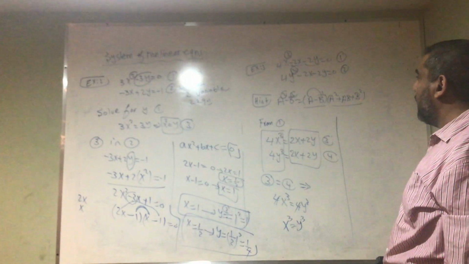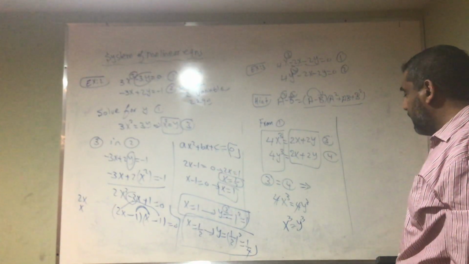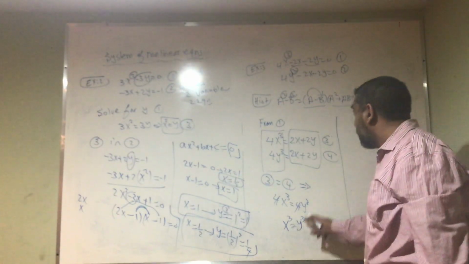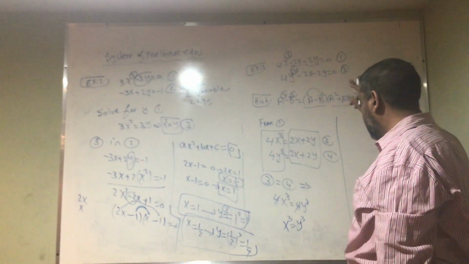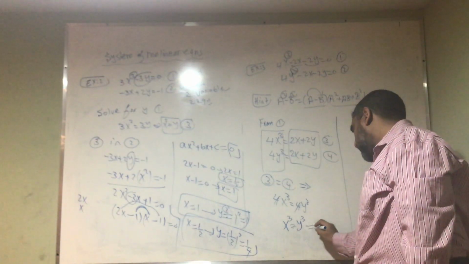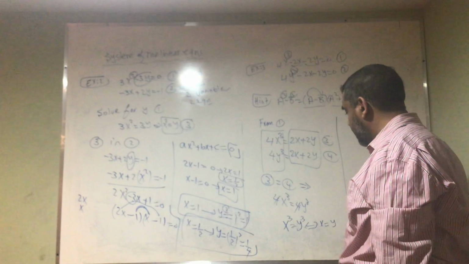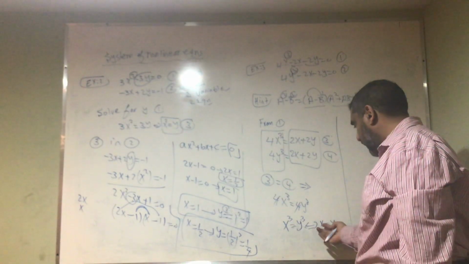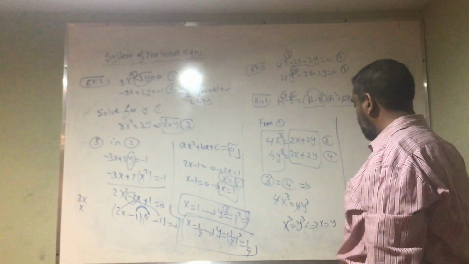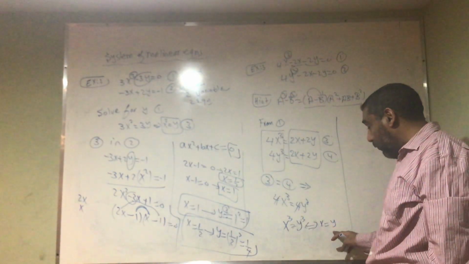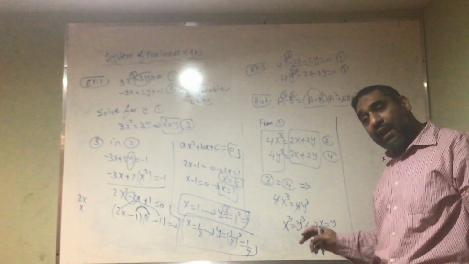So now, if x cubed equals y cubed, then I can go back, which means your x equals y, right? Because we are dealing with real numbers here, that's the reason we say x equals y, because I'm assuming only real numbers.